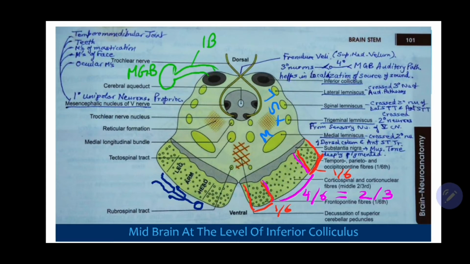Next is the trigeminal lemniscus. You have seen in the sections of the medulla, pons, and elsewhere that there was a spinal nucleus right from the lower pons, medulla, and even reaching the spinal cord. That elongated nucleus was also surrounded by the spinal tract of the trigeminal nerve.